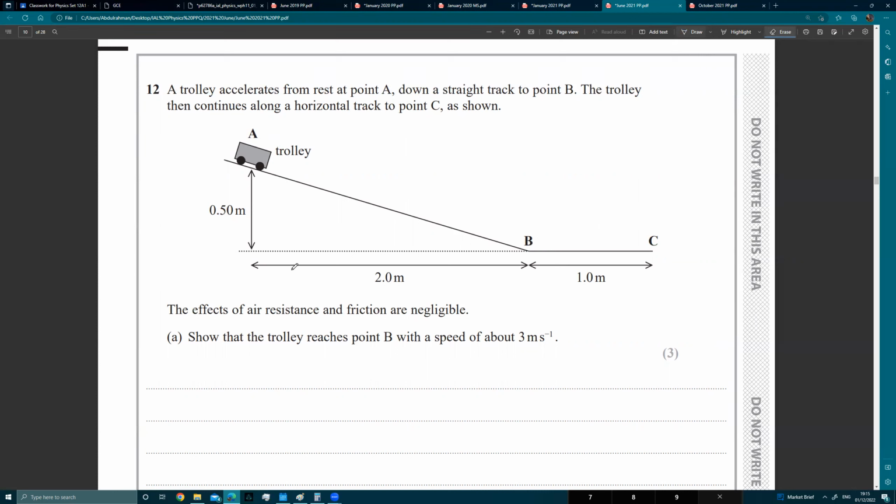Yeah, and sir, for the vertical component, I don't think you can use 0.50, right? Because it's like, or can you? I think you can. Where did you get 0.50 from? 0.50 meters. The height. You can use that for your vertical.